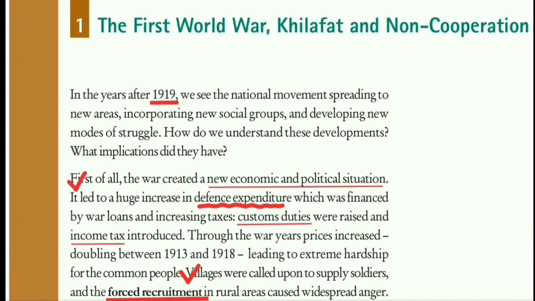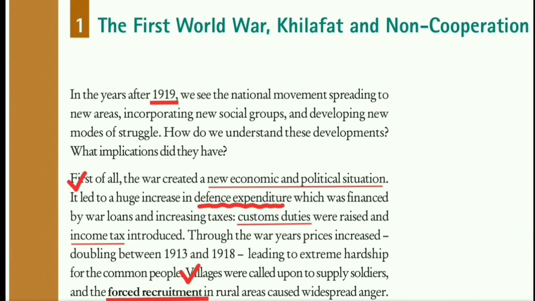So you have already studied these things. Here, in standard 10, in this chapter you will be studying the part of the national movement that took place from 1919 onwards.